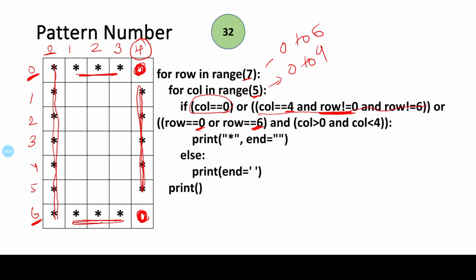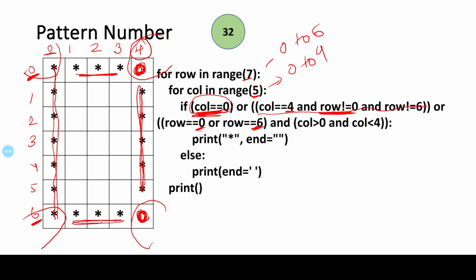But there is an AND condition over here. What is that AND condition? We do not want stars over here. This we have already drawn in the first condition, column is equal to 0, and this is overwriting it.